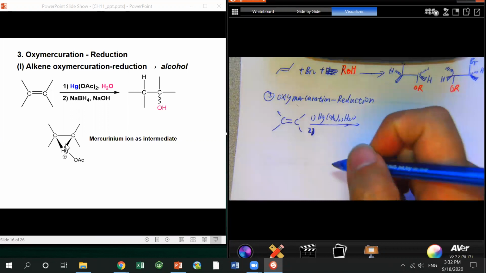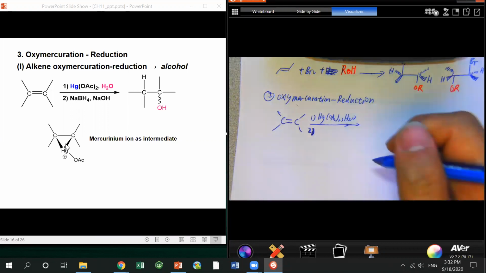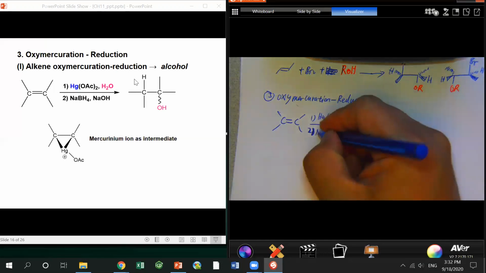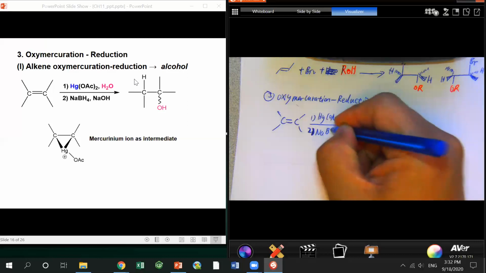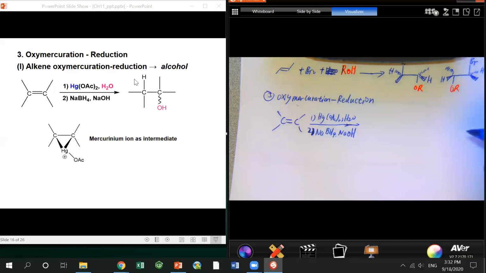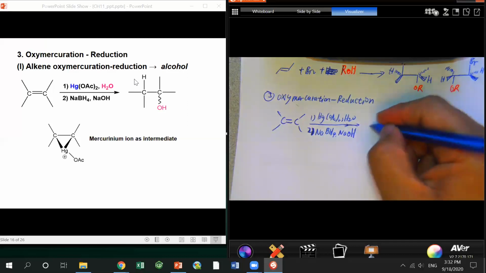The second step just cleaves off the mercury and gives the hydrogen. In the second step we use sodium borohydride and then sodium hydroxide. These two reagents, after the reaction, generate an alcohol.